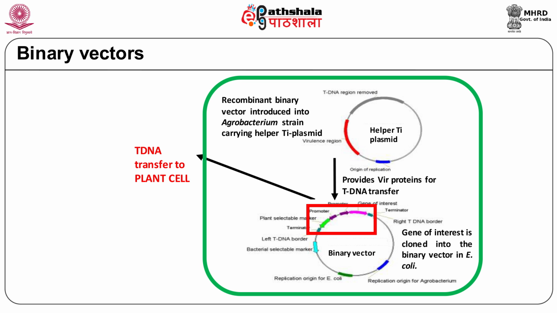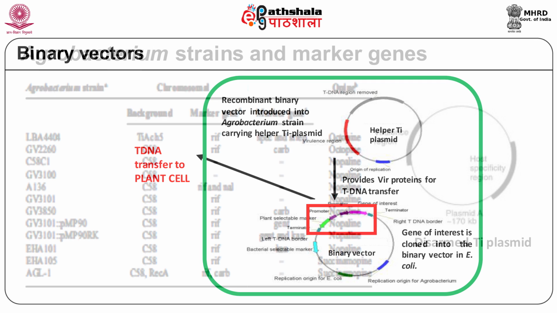As explained in the development of cointegrate vectors, the tDNA plasmid is introduced into Agrobacterium by a three-way cross, that is triparental mating, or by a simple transformation procedure such as electroporation. The Vir gene products then bring about transfer of tDNA from binary vector to plant cell.